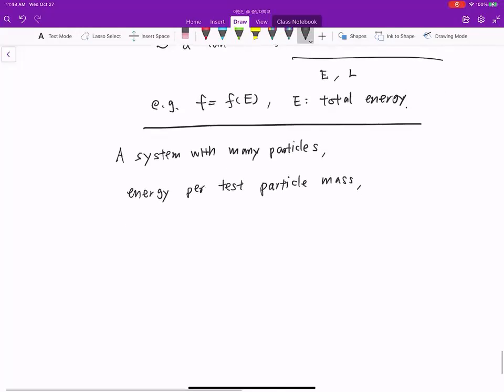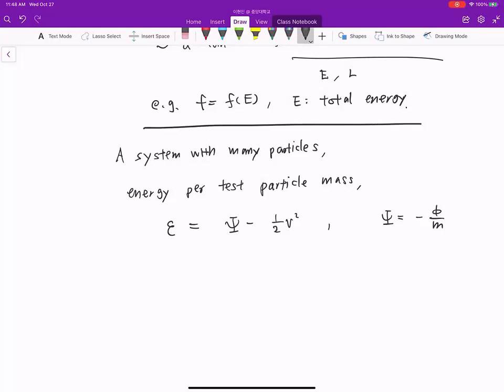Then we define this curl E, that is the potential energy plus, I mean, the negative, there's an overall negative sign. So this psi equal to minus phi, where phi is the gravitational potential, divided by particle mass.